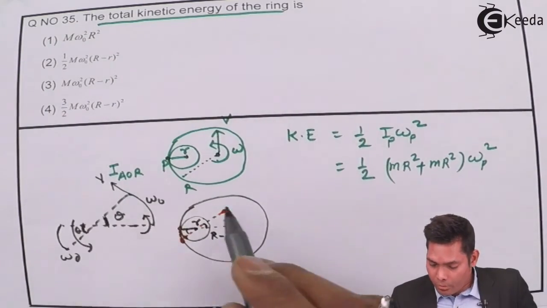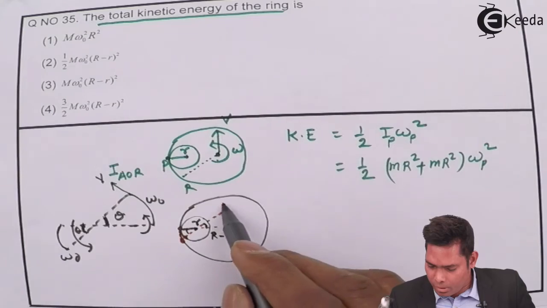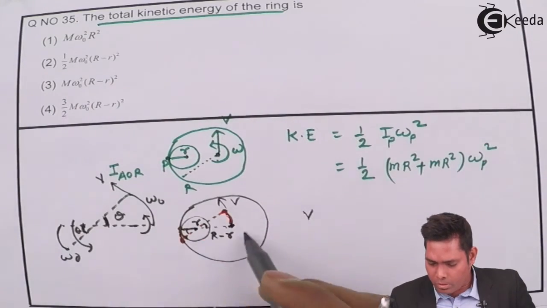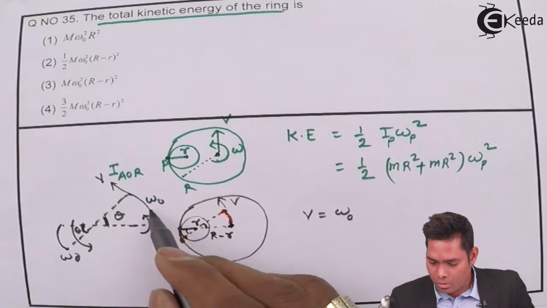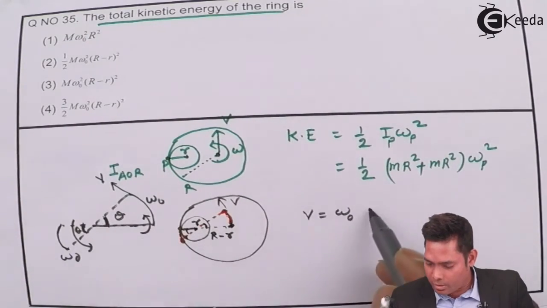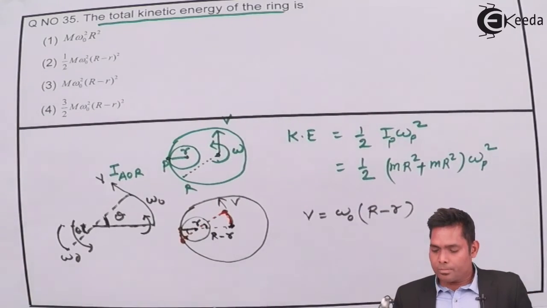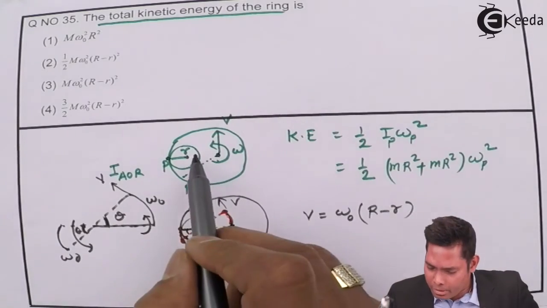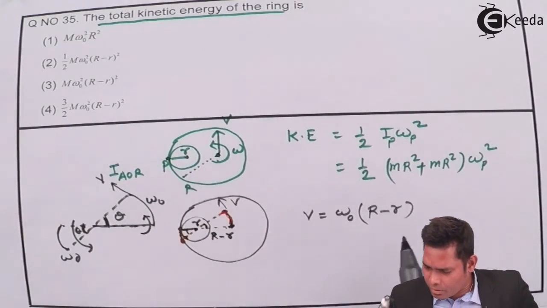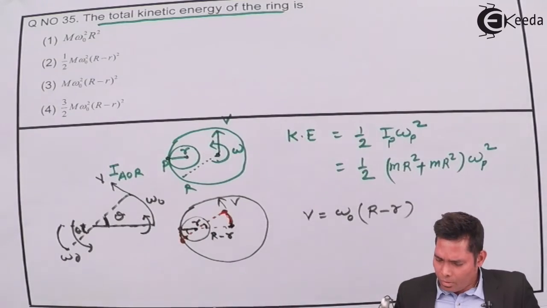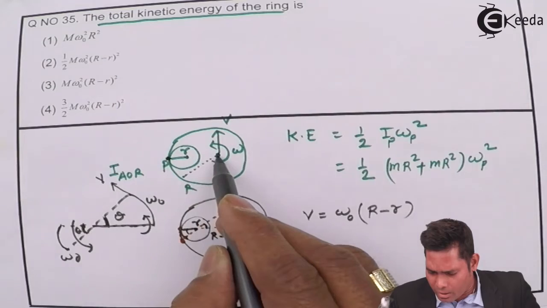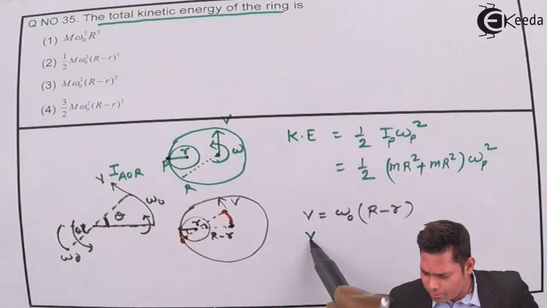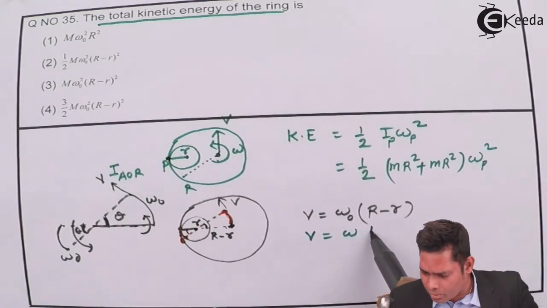Now v is what? From here I will write that v1, the velocity of this, is omega naught into R, where R is this R minus r. Okay. And if I see this one, with respect to this point, this is our r. So with respect to this point, v equals omega into r.